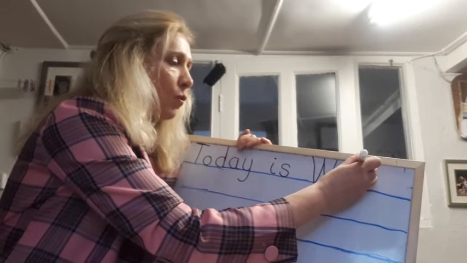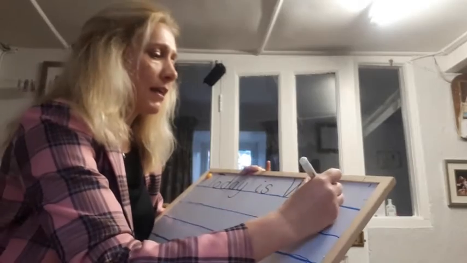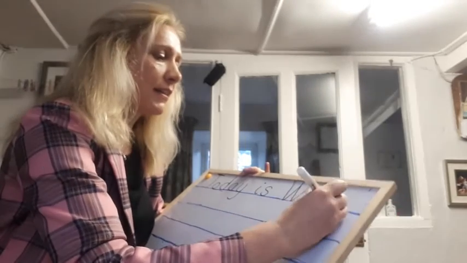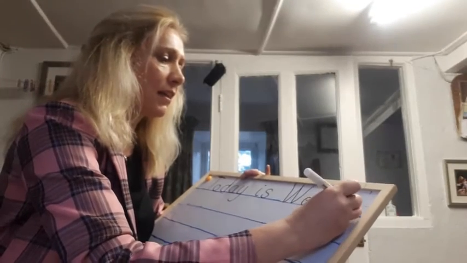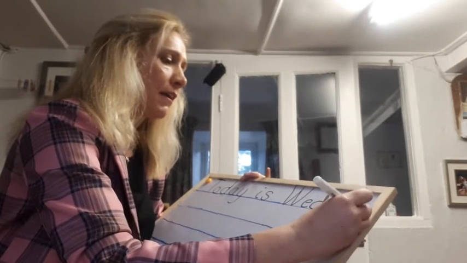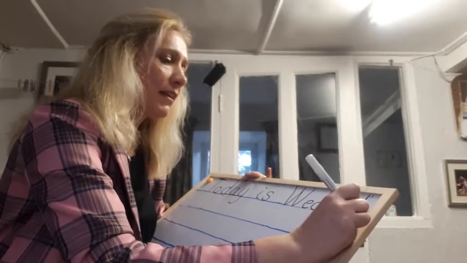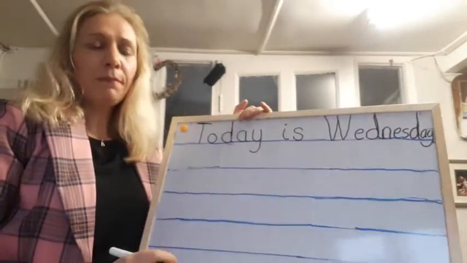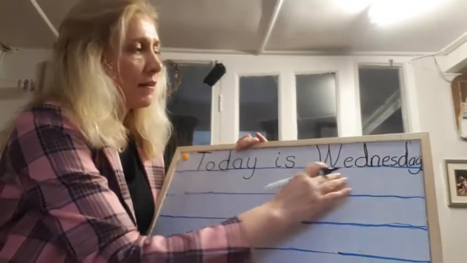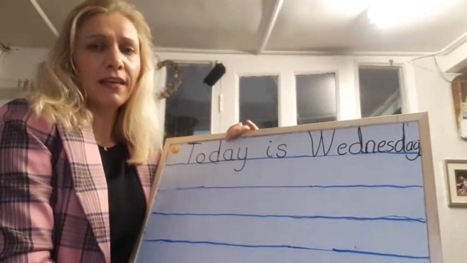Start in the middle, go up to the top, it sits on the line. Wednesday. Hope I have enough space. N sits on the line. E sits on the line. S, D, A, Y. And what do I put at the end? I put my full stop. Make sure you put your full stop at the end.